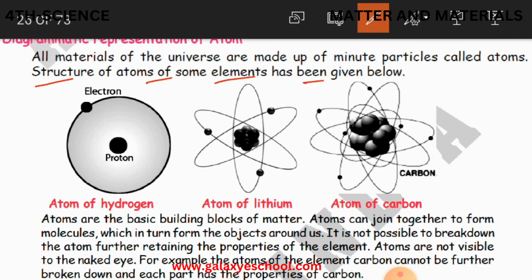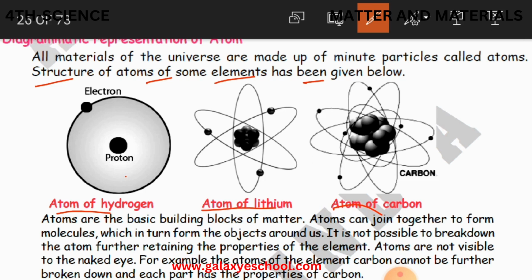See here how clearly it is there. This is a proton, which is in the center. Here is the atom of hydrogen, the atom of lithium, and the atom of carbon. There are three different pictures of how they are moving around.